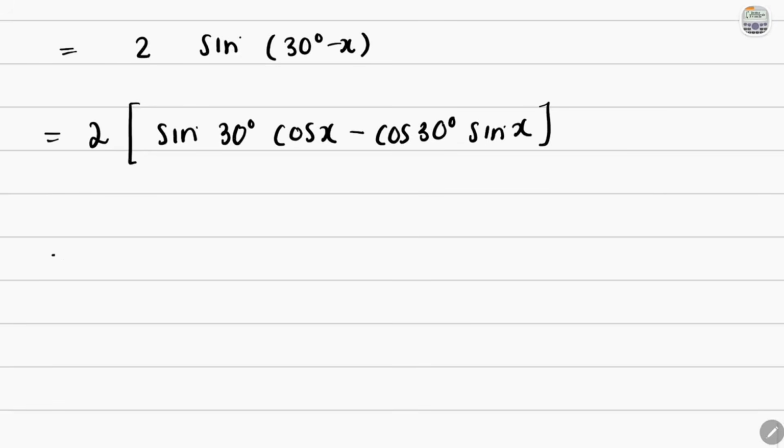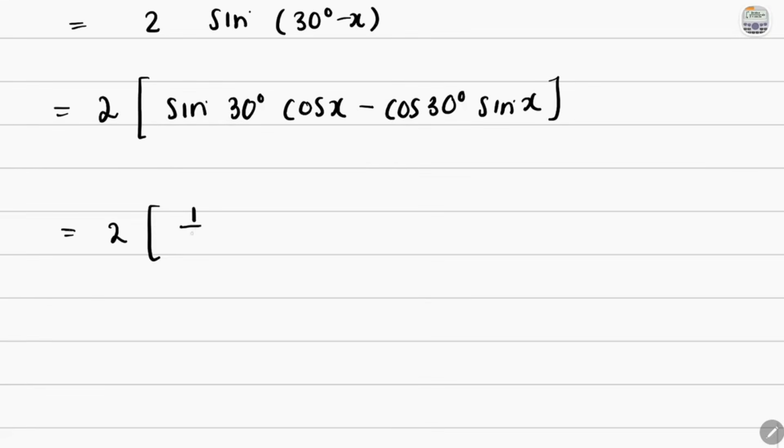Now we can simplify. So this is 2 multiplied by sine 30 degrees, which is a half, multiplied by cos x. Notice cos x is going to be in the numerator; it's cos x over 1 technically. And then we have minus cos 30 degrees, which is going to be root 3 over 2, and then multiplied by sine x, which is also in the numerator.